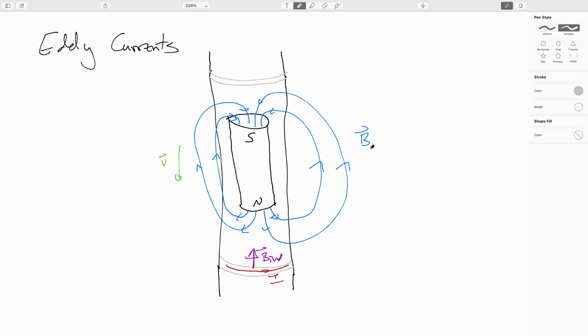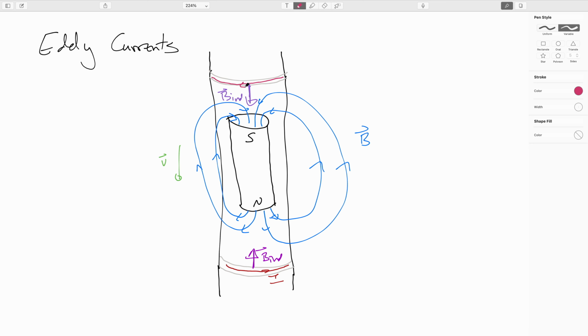So we want to reinforce the collapsing magnetic field. So for any of the rings above, we're going to induce a magnetic field pointing down, which means that we will have currents flowing the other way around at the top of the pipe.